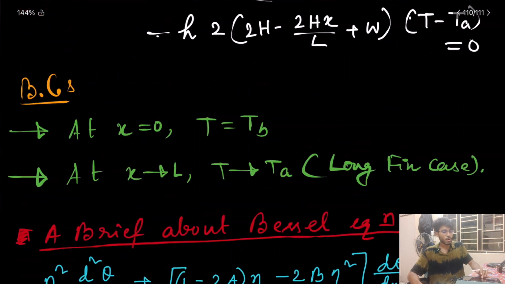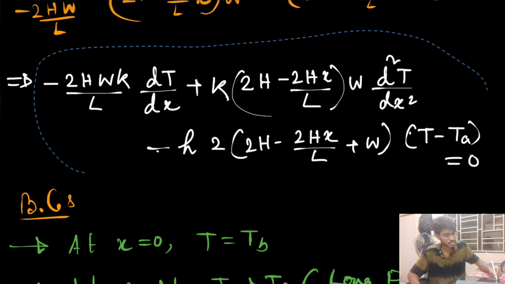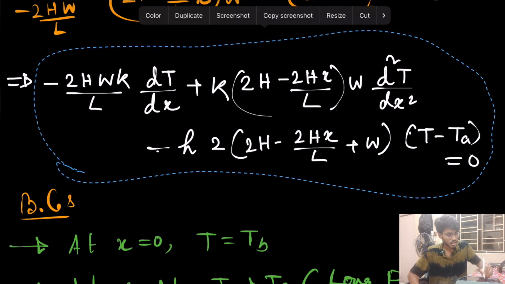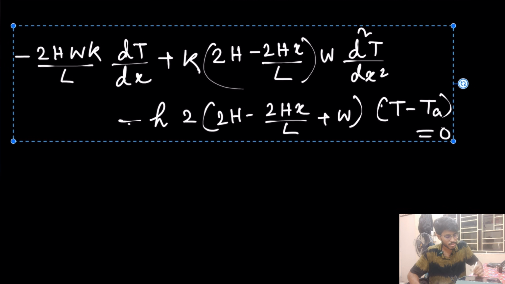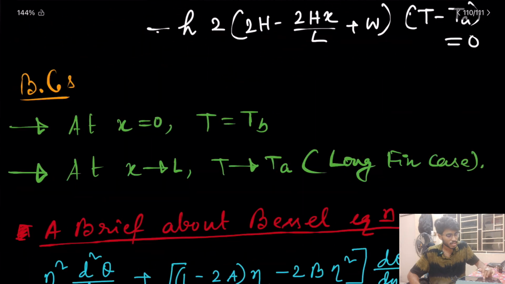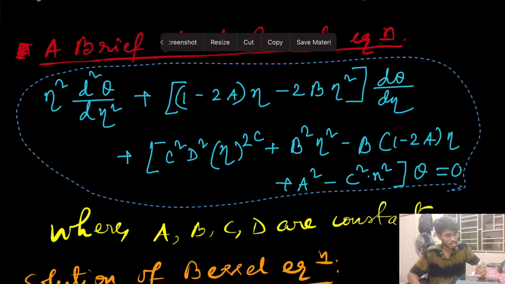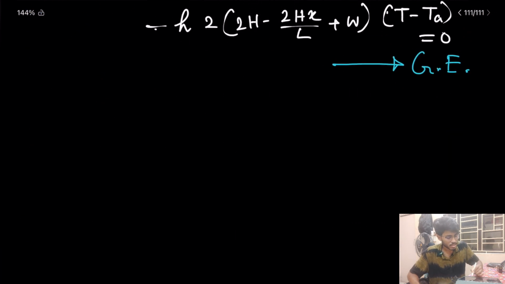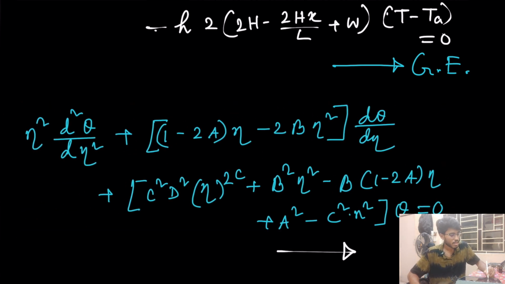So now we have to compare, so let me write these two equations side by side. Copy and paste. This is one equation, this is my governing equation, right, and this is my Bessel equation.